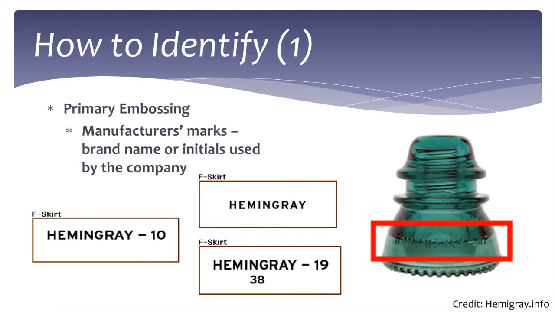Different types of embossing that you might see on your insulator, and sometimes it doesn't even just say Hemingway, sometimes it might be initials for the company. Sometimes you might not have any embossing at all, or just symbols. That is very common depending on the type of company that was manufacturing the insulator. And there are some really great resources though for identifying symbols as they correspond to companies online.